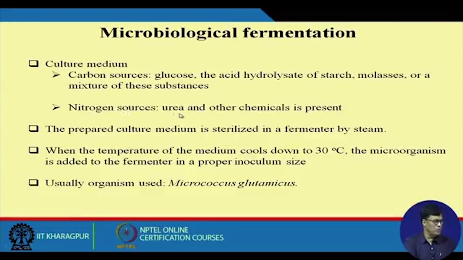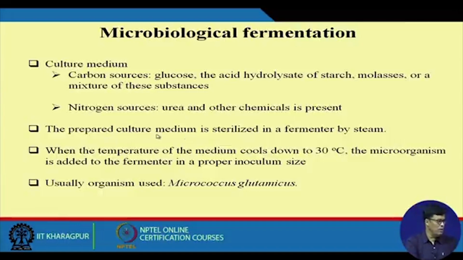For the nitrogen source we use urea and other chemicals. As per the requirement for the growth of bacteria, we know we need a carbon source, nitrogen source, minerals and vitamins.